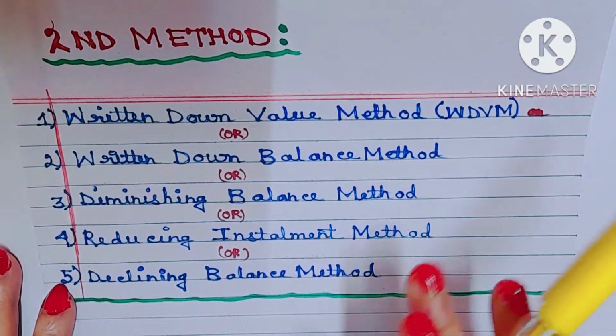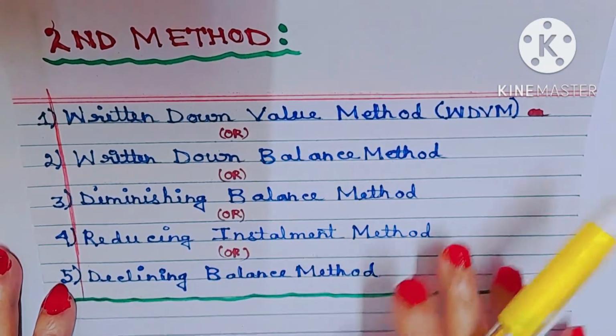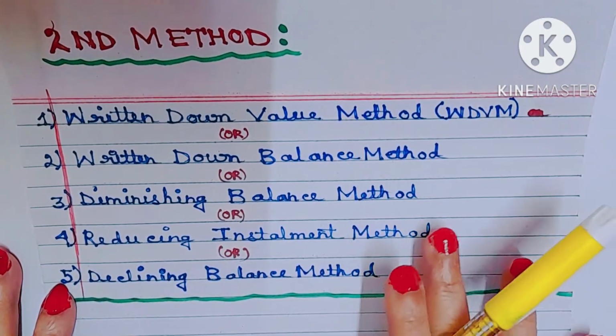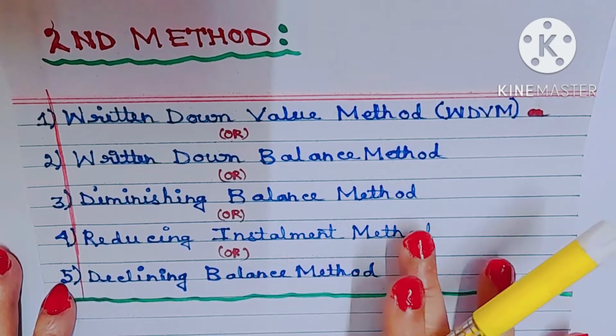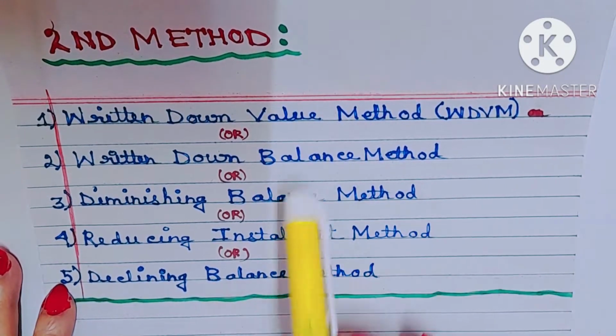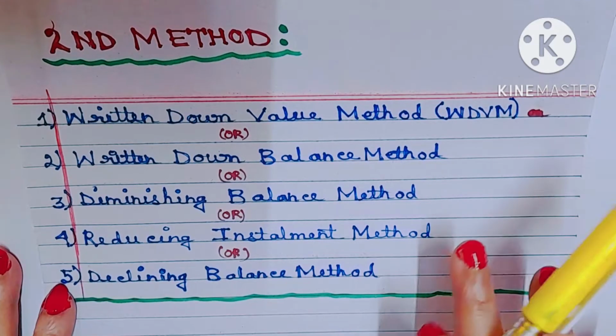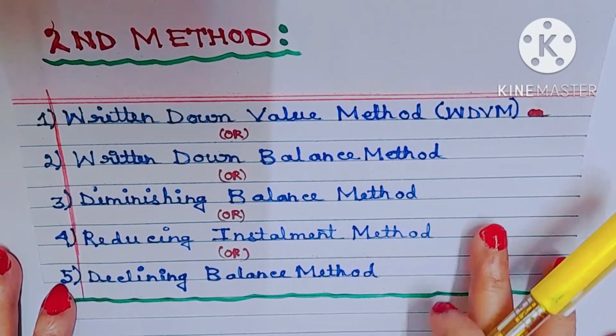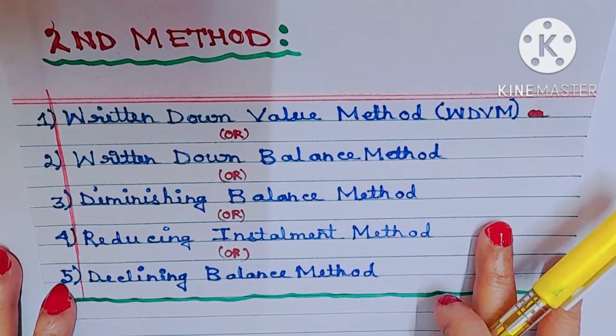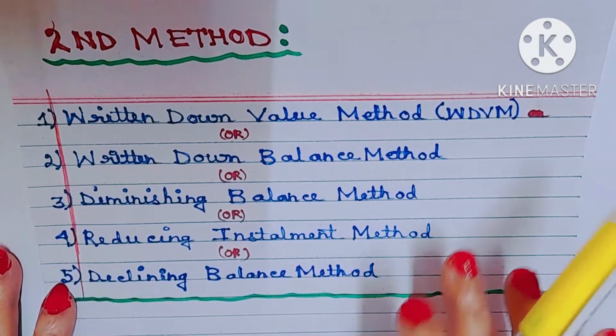That means what? On written down value method, depreciation is not charged on the original cost of the asset. In written down value method, depreciation is charged on the book value of the asset or on the reducing balance of the asset.